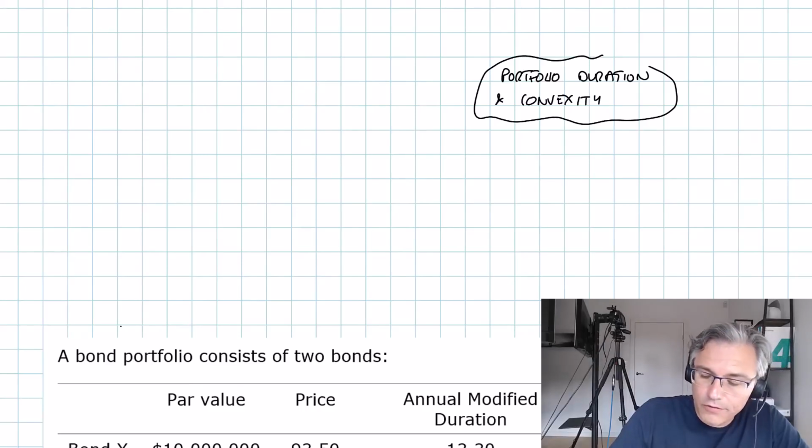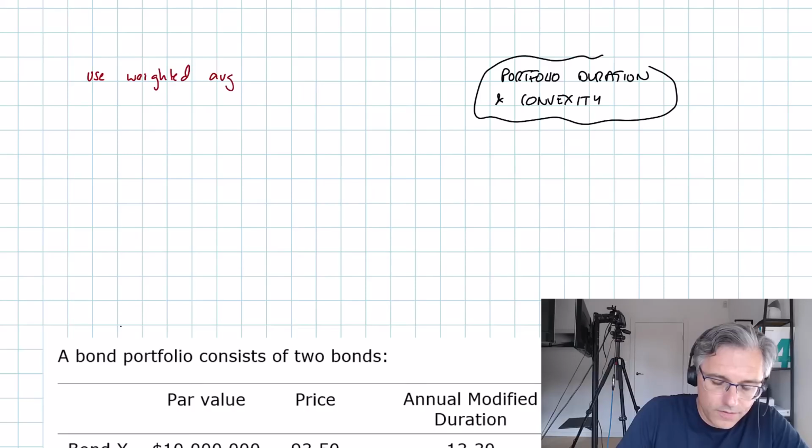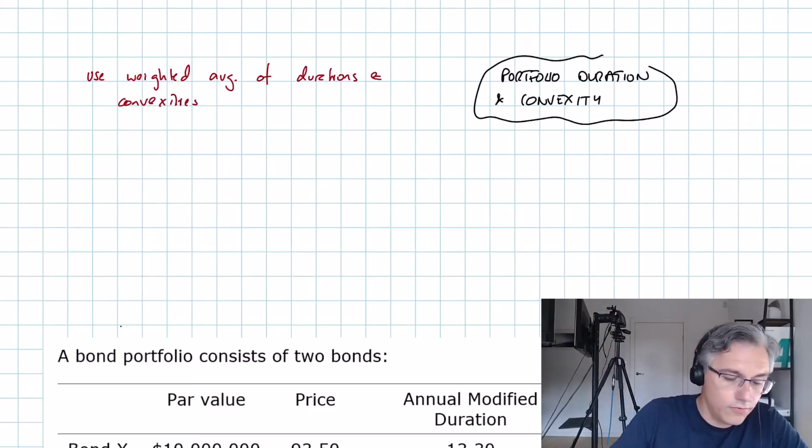In order to compute portfolio duration and convexity, we shall use weighted averages of the durations and the convexities of the individual bonds constituting the portfolio.